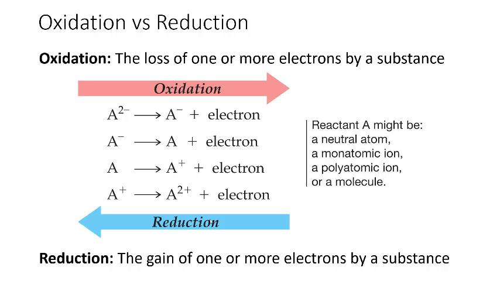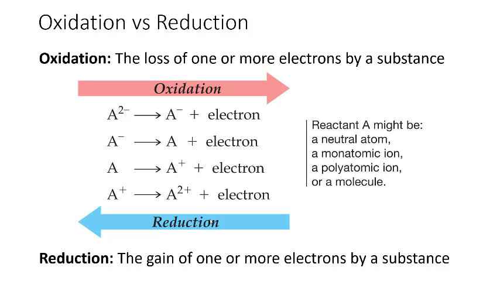If you think about positive charge as being plus and negative charge as being minus, if you gain an additional negatively charged electron, you're decreasing the overall charge by adding a -1 charge. So you can think of reduction as gaining a negatively charged electron.